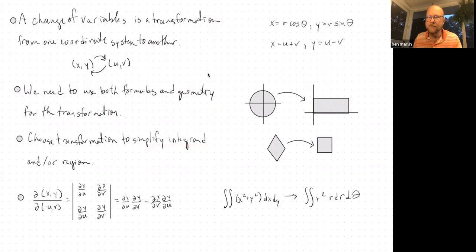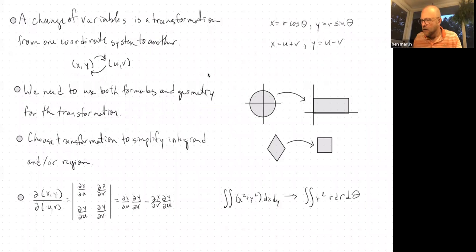For example, you might have something as simple as letting u be x squared, so that you end up with x equals square root of u. It's just to eliminate some squares. So it's kind of a u substitution, but with multiple variables.